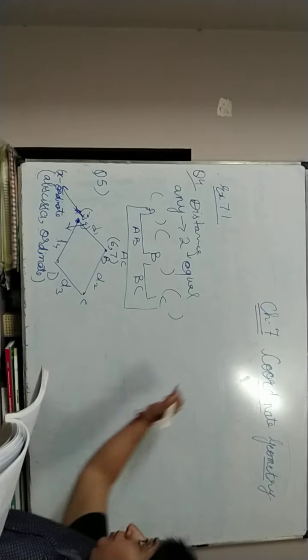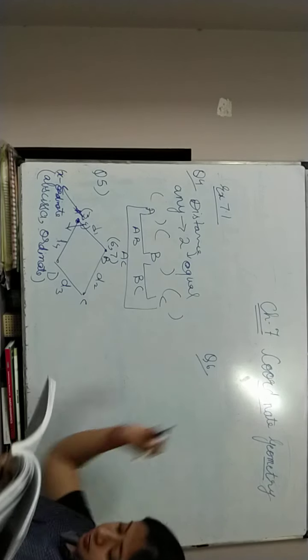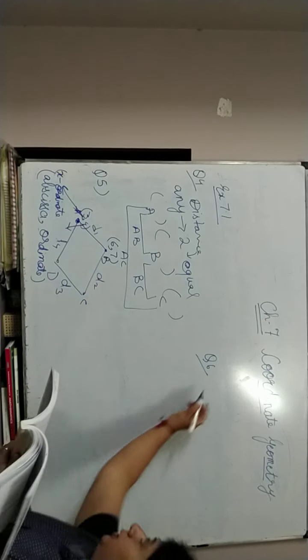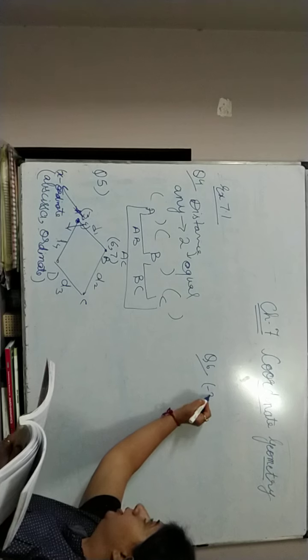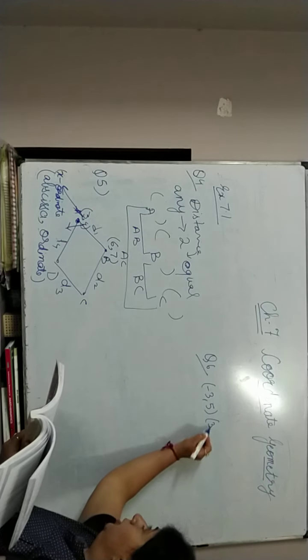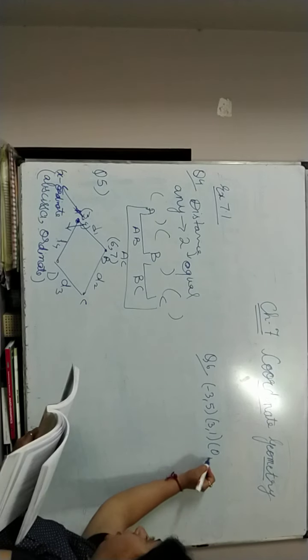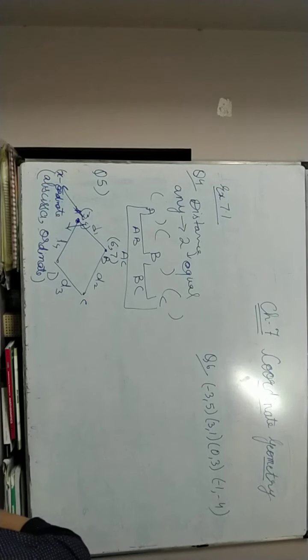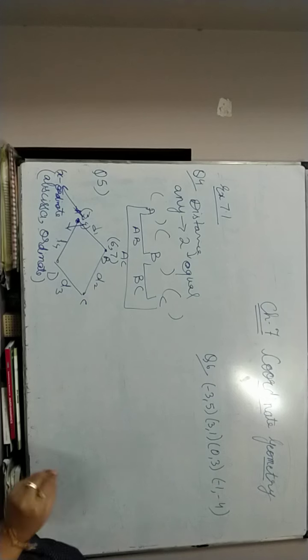Now in question number 6, name the type of quadrilateral and give reasons for your answers. In question number 6, four coordinates are given to us, and he is asking you, tell me these are the coordinates of which geometrical figure in mathematics.